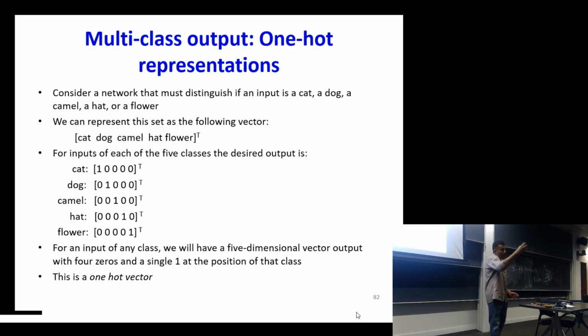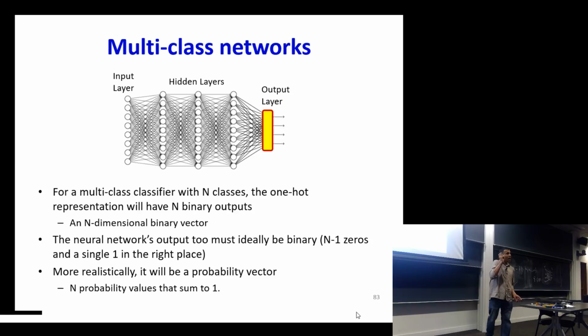The second component was assigned to dog, so I'm representing the class dog. If I have a 1 in the third component in this example, I'm representing the class camel, and so on. This is a one-hot vector, and for an input of any class, we will have a 5-dimensional vector output with 4 zeros and a single 1 in the position for that class.